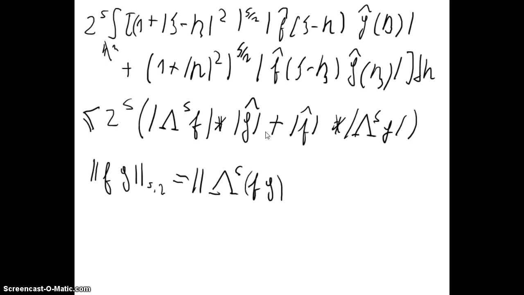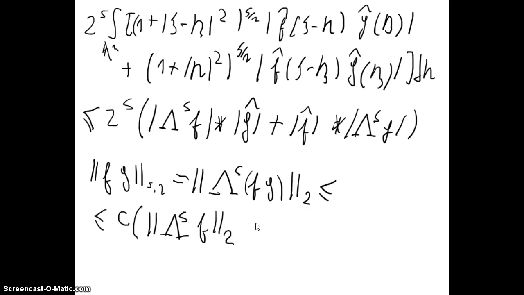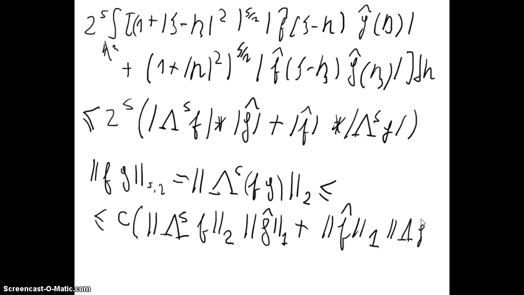That is how we started this bound, and now this is less than or equal to a constant C multiplied by, well, lambda^s f, but now in norm 2, and Young's inequality tells us that this has to be in norm 1 plus, well, the other way around, f transform is in L1, and lambda^s of g is in L2.